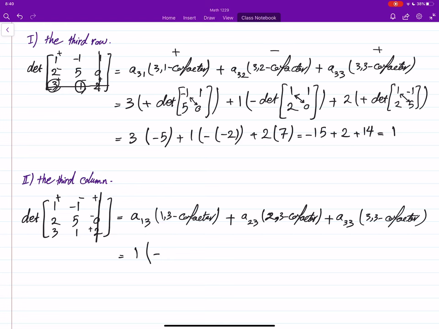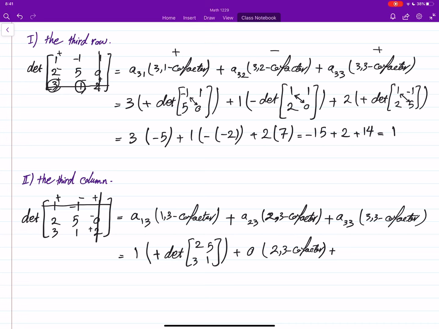So then this is plus determinant of submatrix 1, 3. This is 2, 5, 3, 1. Plus 2, a 2, 3. This is 0. I don't need to compute the next thing here because this is going to be multiplied by 0, so we don't need to compute anything there.